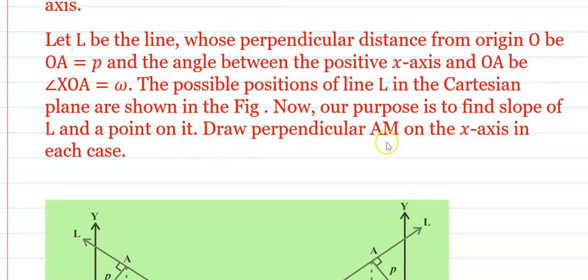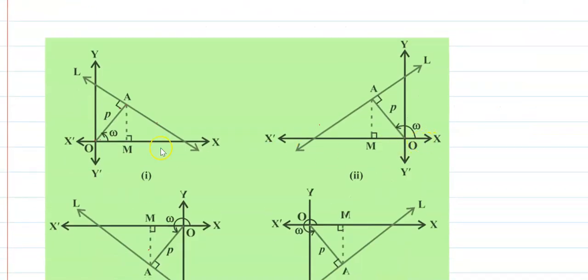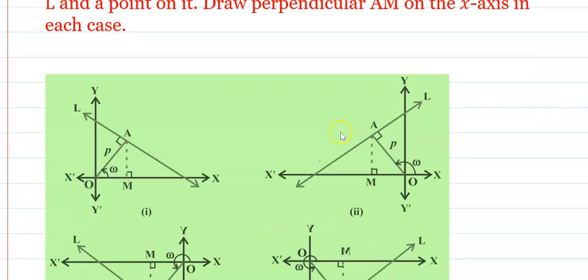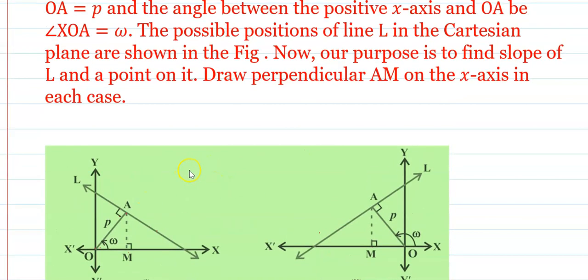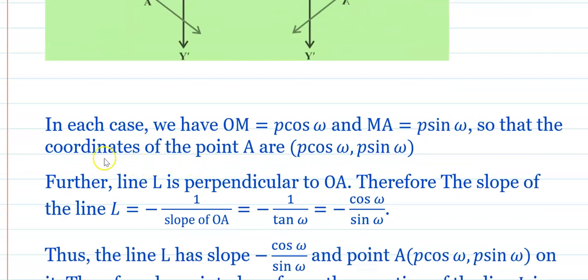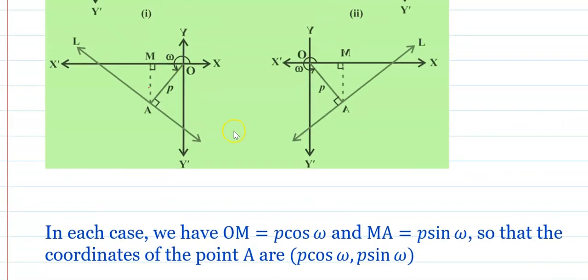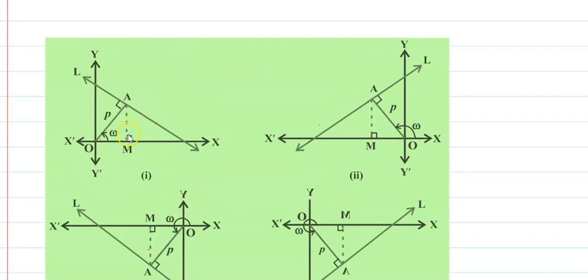Draw the perpendicular AM on the x-axis. In each case, we have the perpendicular AM on the x-axis. Now, in each case, to find OM we must take the cos ratio.